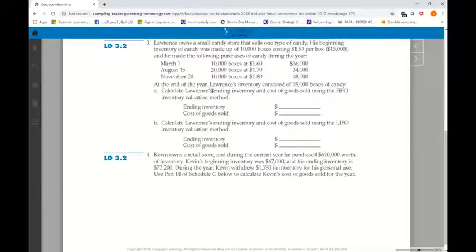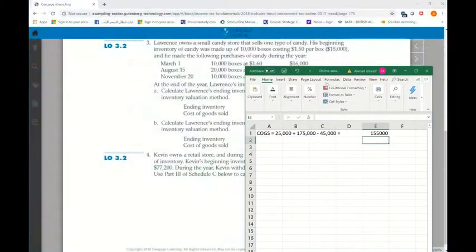At the end of the year, Lawrence's inventory consists of 15,000 boxes, which is the number of units in ending inventory. Calculate Lawrence's ending inventory and cost of goods sold using the FIFO method. We need the ending inventory and cost of goods sold, and also the same requirements using LIFO. So this is mainly about applying both methods, FIFO and LIFO.